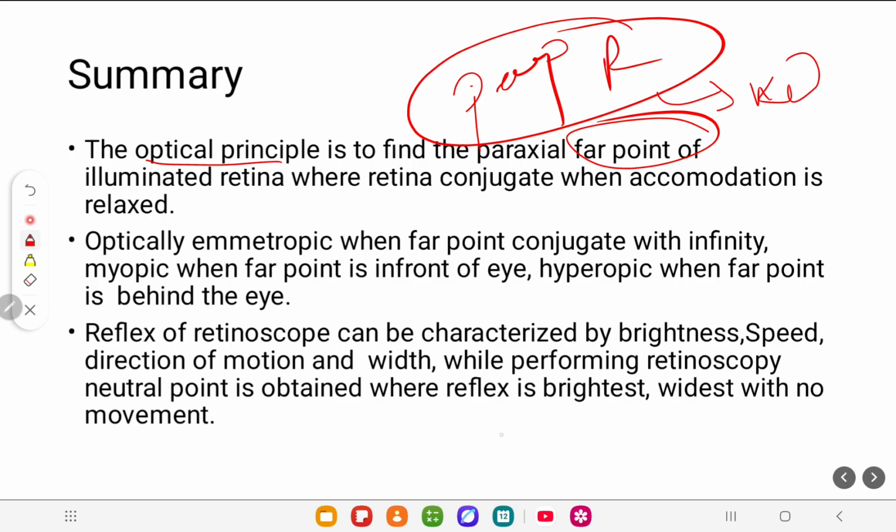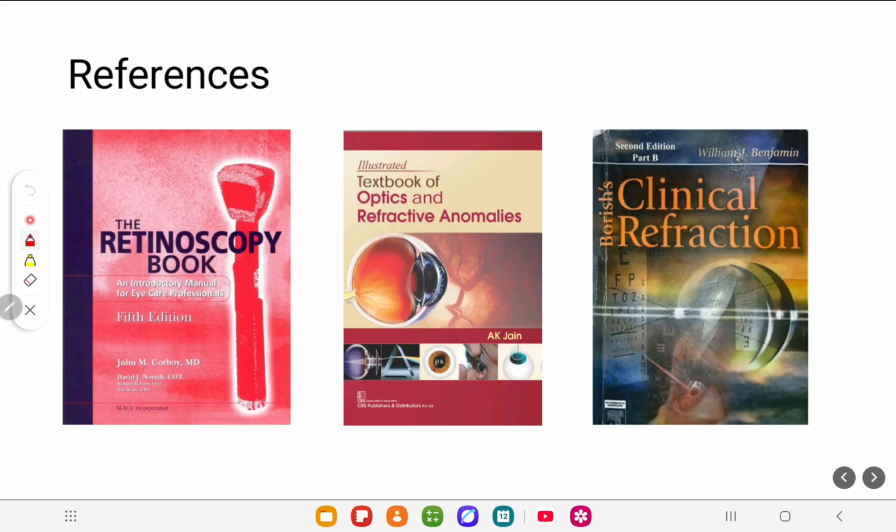Okay. So you have to understand these points: speed, brightness, direction, width. These all literally save your life when you are doing retinoscopy. Okay.